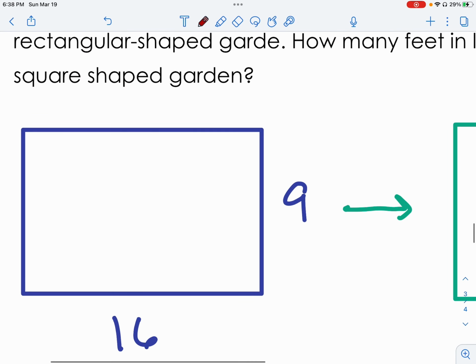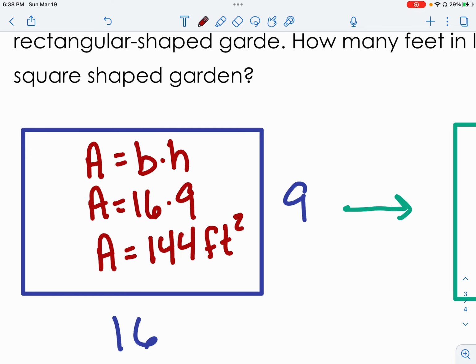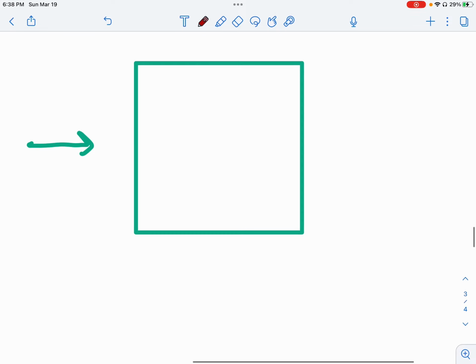Well, this area, remember, you just do base times height. So in our case, 16 times 9. So the area equals 144 feet squared. So we need this square area to equal 144. But what do we know about squares?